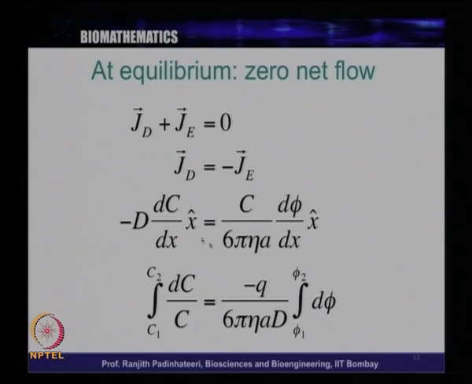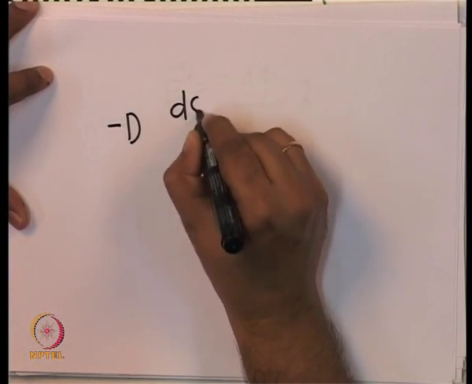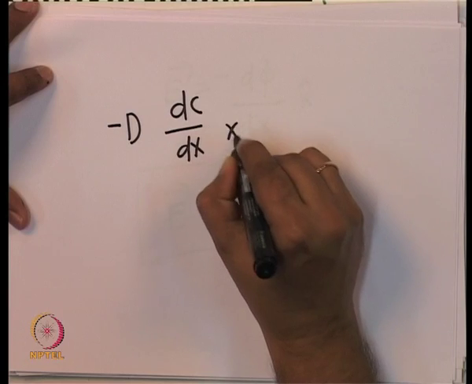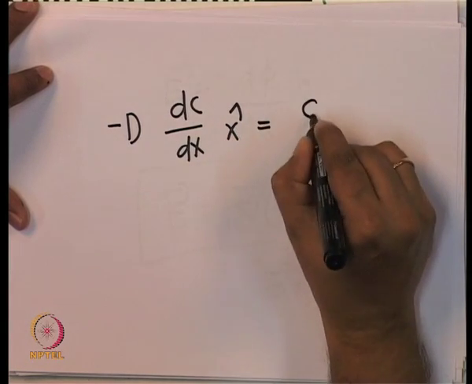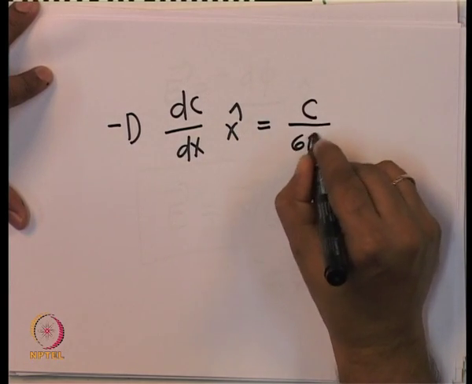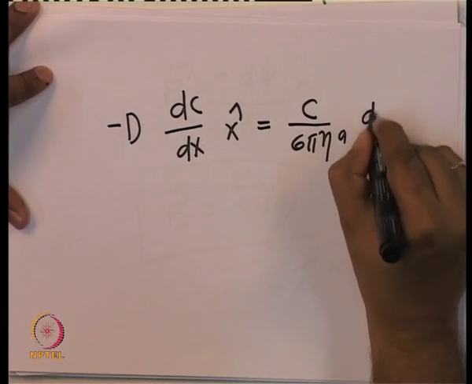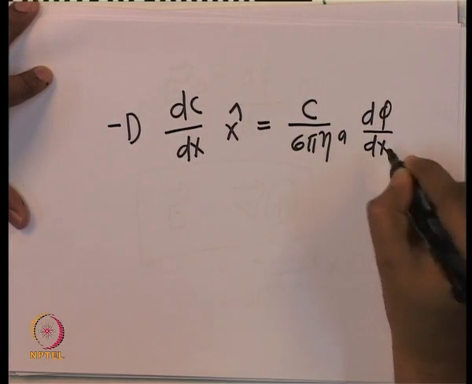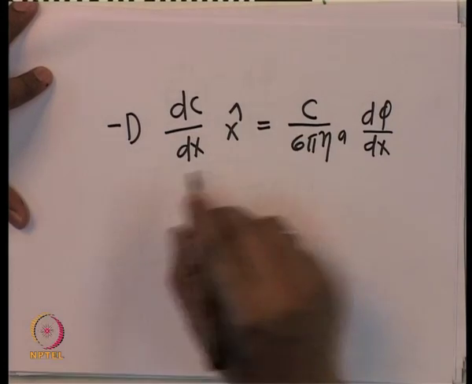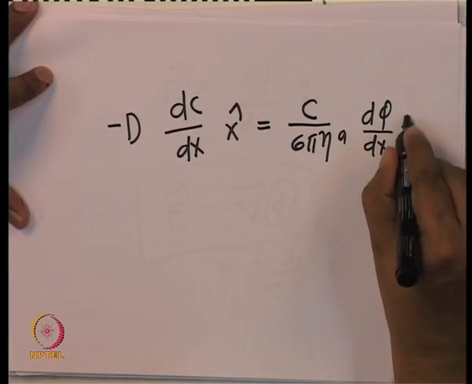So, have a look at this equation. Let me write it here. If you write here, you have minus d dc by dx x cap is c by 6 pi eta a d phi by dx, and this is also x cap.